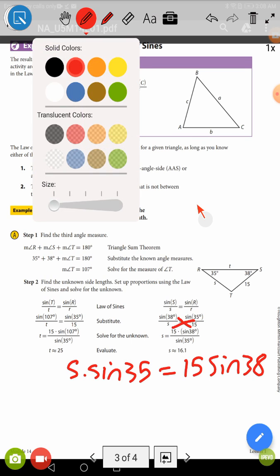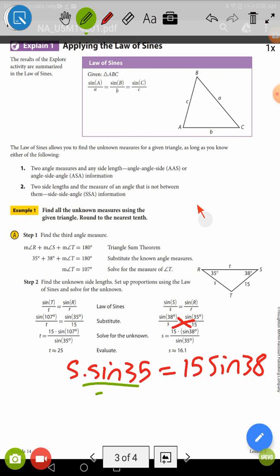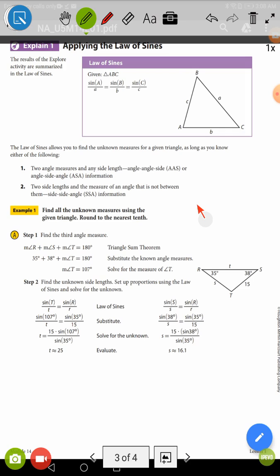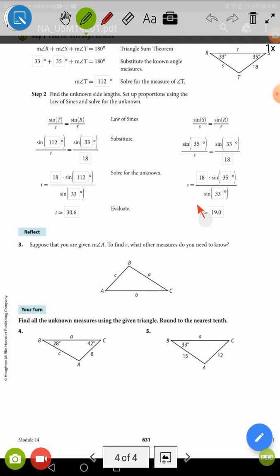Then we will divide by sine 35. So S equals about 15.1. I think it's easy. Move to the second problem.